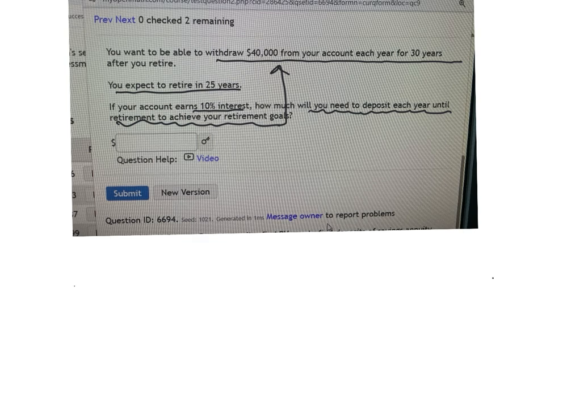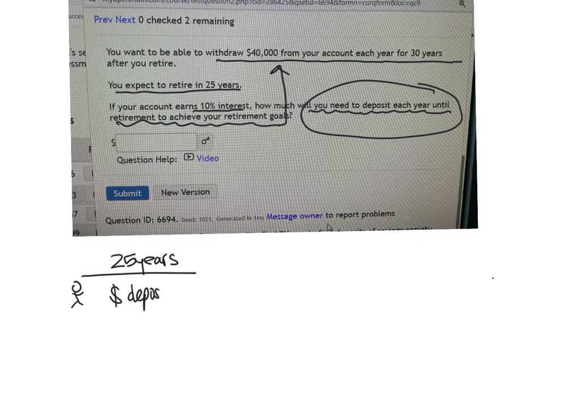So here's the situation. Here I am today, and I am going to retire in 25 years. During that 25 years, I am depositing some money every year. We don't know how much we are depositing. We just know we're going to do that for 25 years.